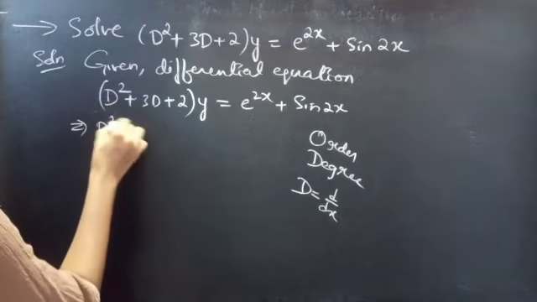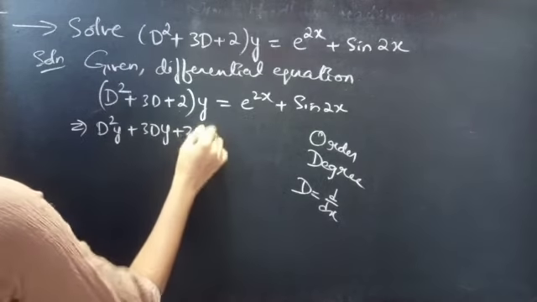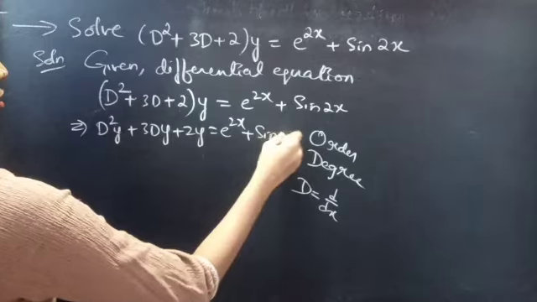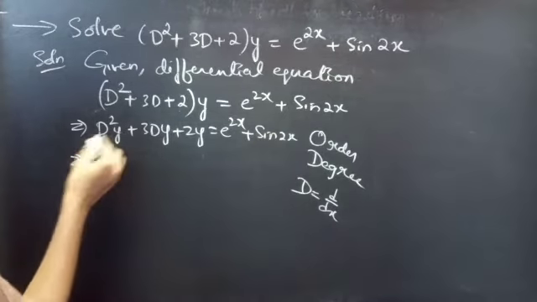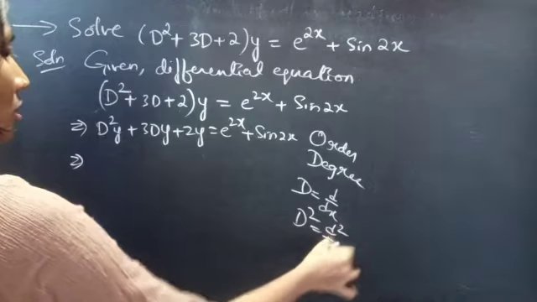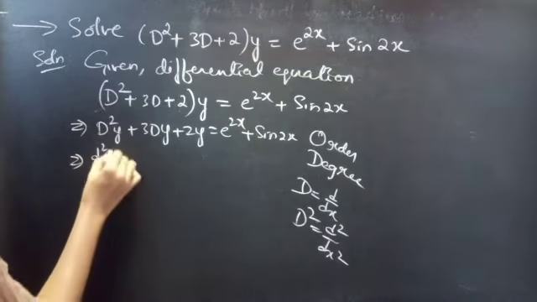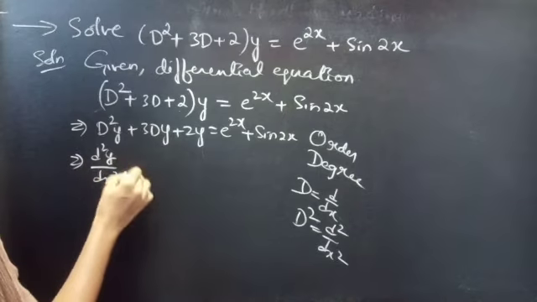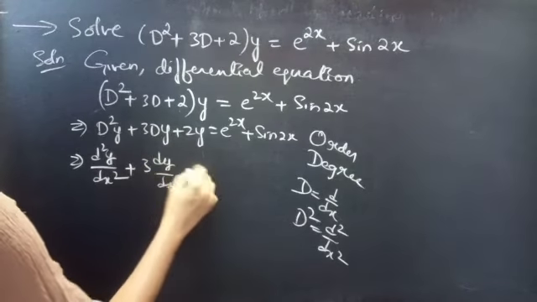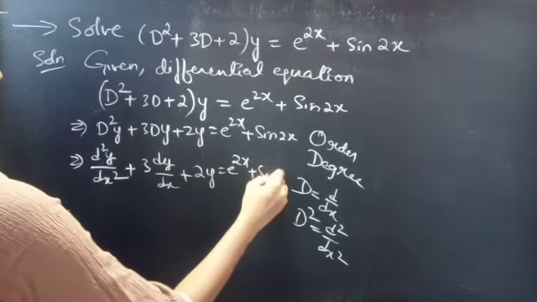Then you'll get D square y plus 3Dy plus 2y equals e power 2x plus sine 2x. Now, we know that D square equals d square by dx square. Then you can write D square y as d square y by dx square plus 3 into dy by dx plus 2y equals e power 2x plus sine 2x.